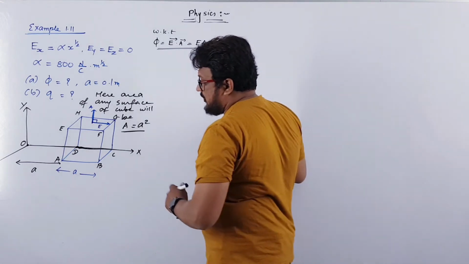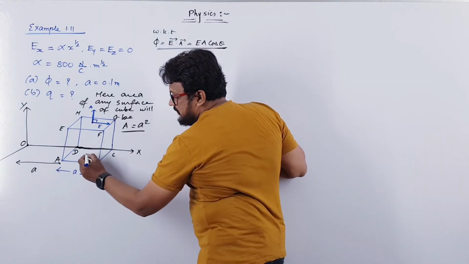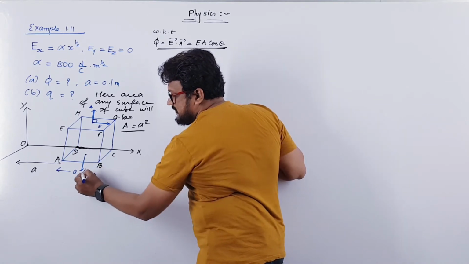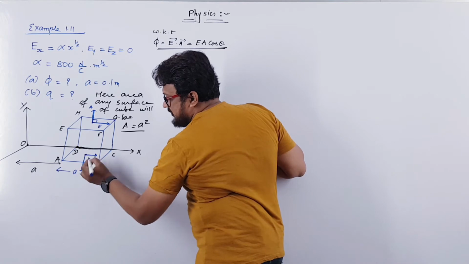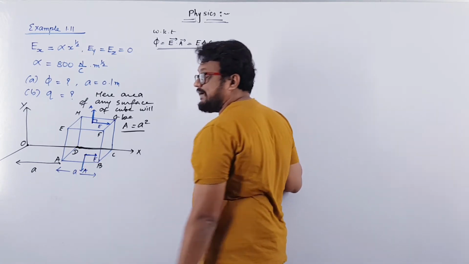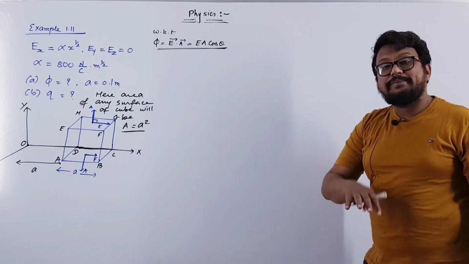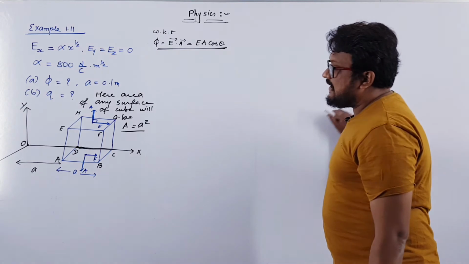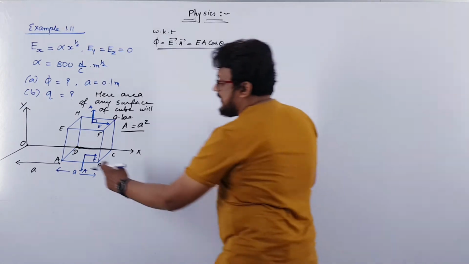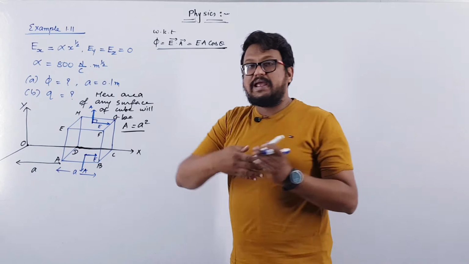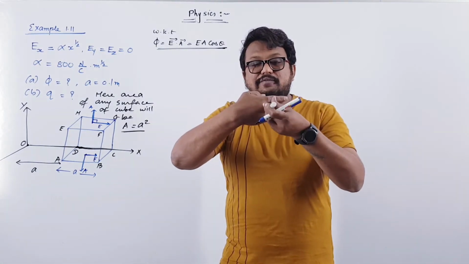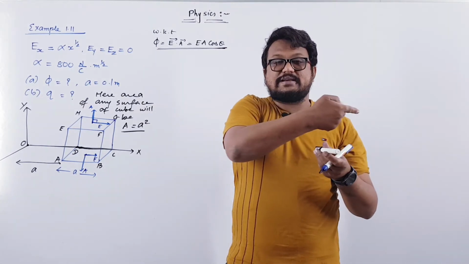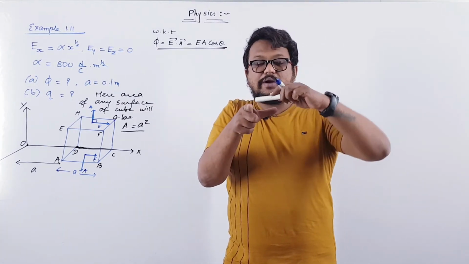In the same way, for the bottom surface, that is A, B, C, D, area will be in downward direction. This is the direction of area, and electric field is in this direction. Again, the angle is 90 degrees between area and electric field, so flux will be 0 for surface A, B, C, D. In the same way, if you consider surface ABFE, the front surface of the cube, area will be towards you, and electric field is in this direction.